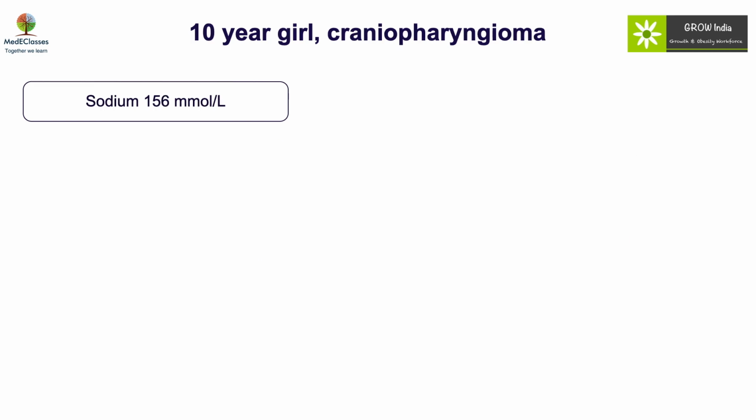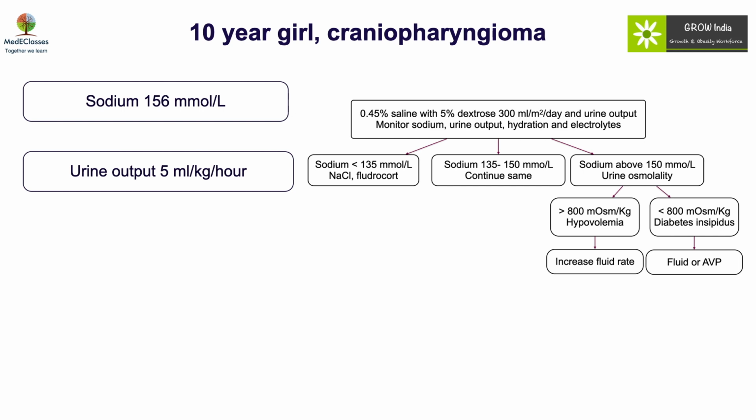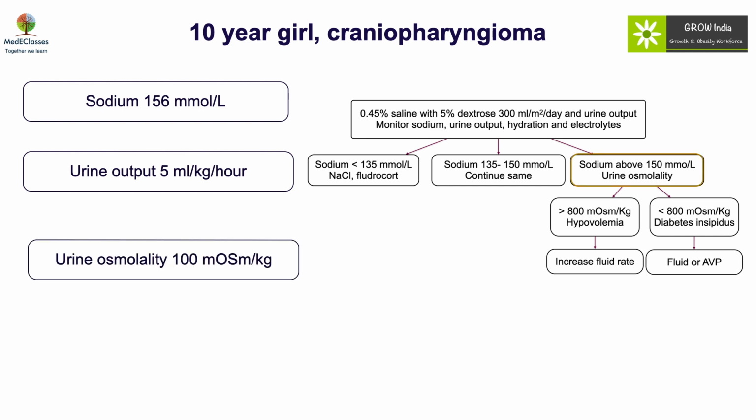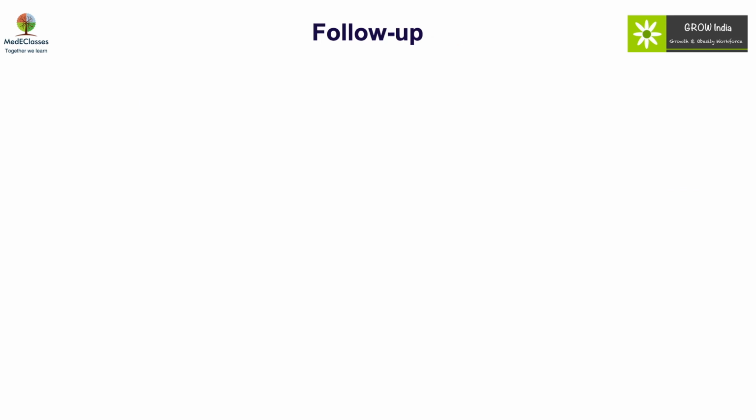We have a 10-year-old girl with craniopharyngioma with sodium of 156 with polyuria, going more towards diabetes insipidus. The sodium is on the higher side, the urinary osmolality is low, confirming diabetes insipidus. So the management here would either be fluid or AVP, and this itself is an important issue. So let's see what happened in this case.